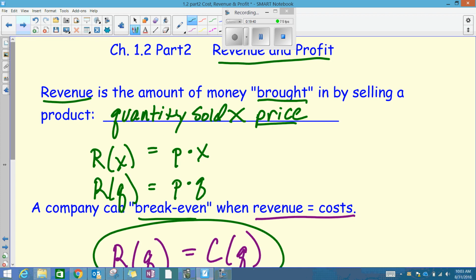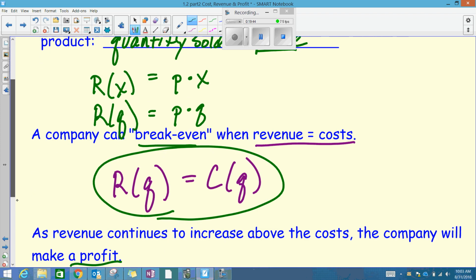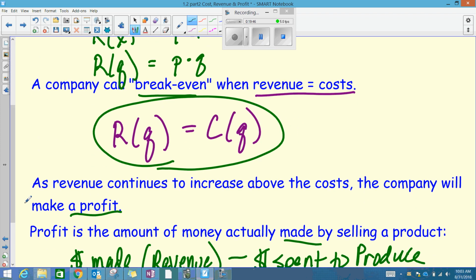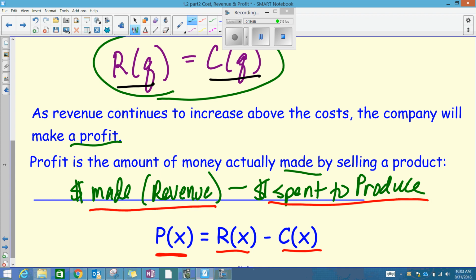So just quantity times price, how much money you bring in when you sell your product. And then you break even when the amount of money you brought in equals how much it costs you to make it, right? So that's the break-even point. And then anything above that, if you keep selling past your break-even point, you make a profit, right? And profit is actually how much you brought in minus how much it cost you to make.